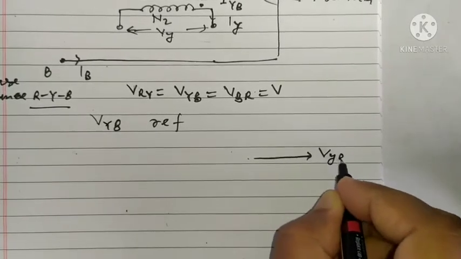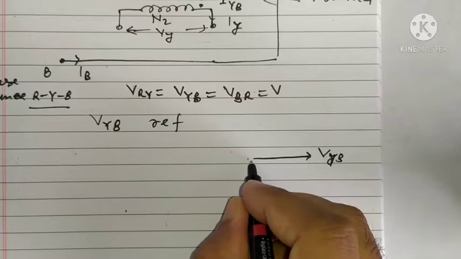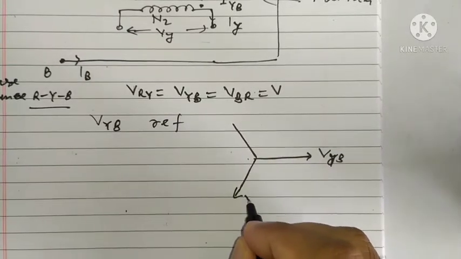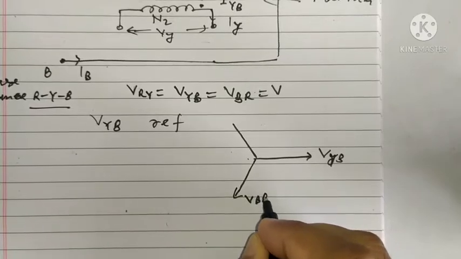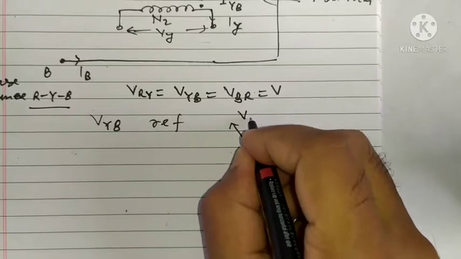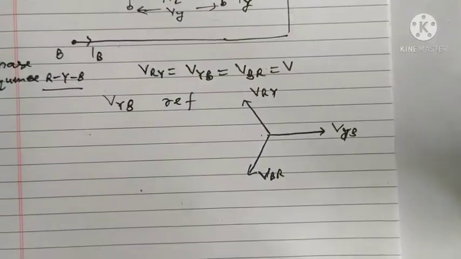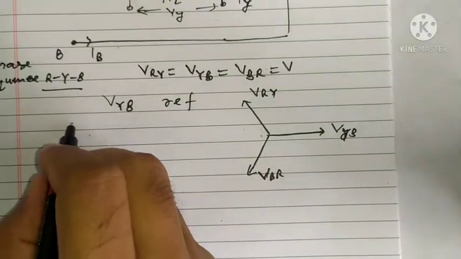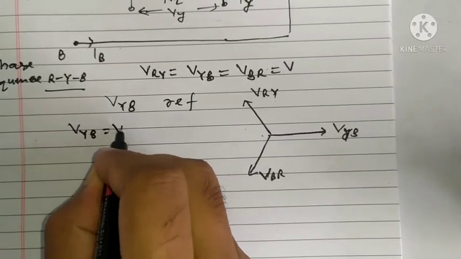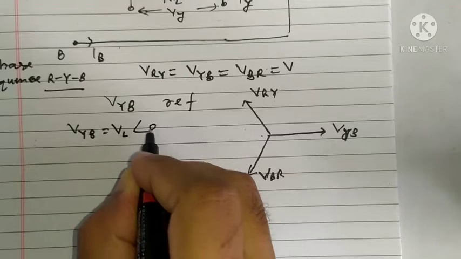So I will have the phasor relation. VYB is here, so it will be VBR and it will be VRY. Right. We can say as VYB is reference, VYB will be line voltage at an angle of 0.